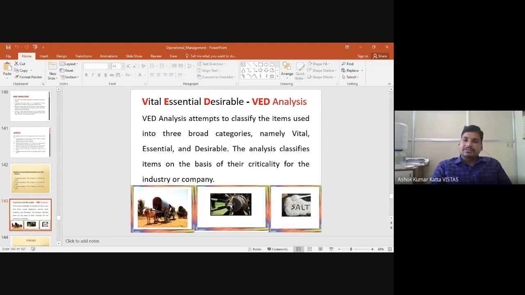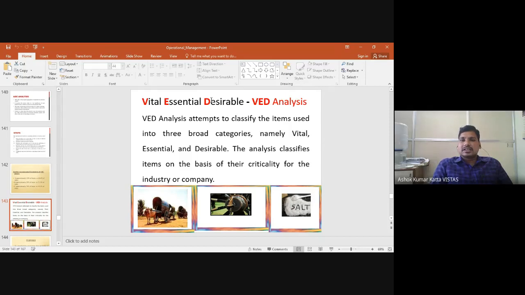Now here, in the VED analysis, items are broadly classified: V stands for vital, E stands for essential, D stands for desirable. Now, being company management, they will also understand vital.